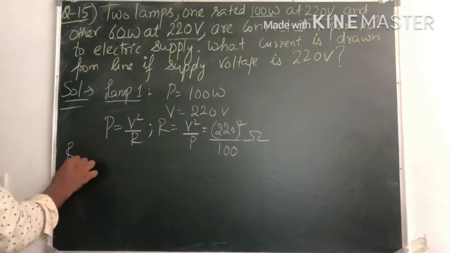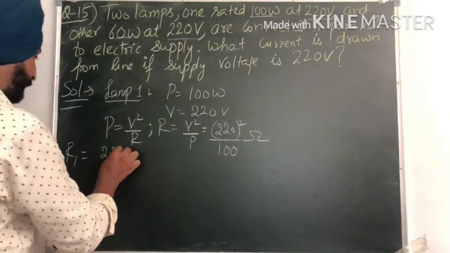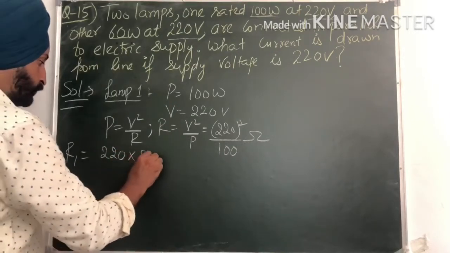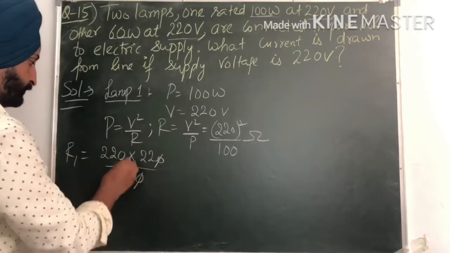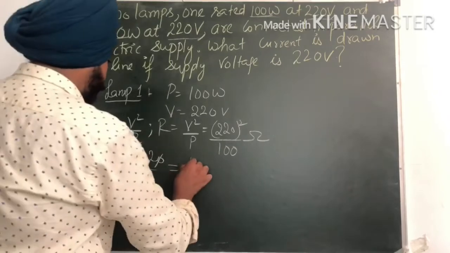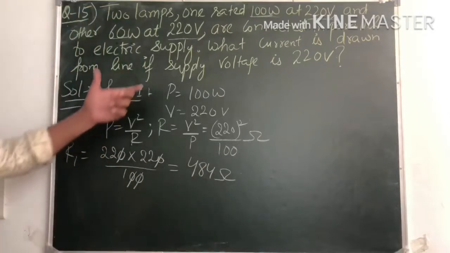I would be writing it as 220 into 220 over 100. This will get cancelled, so we will be left with 484 ohm. So this is the resistance of the first lamp.